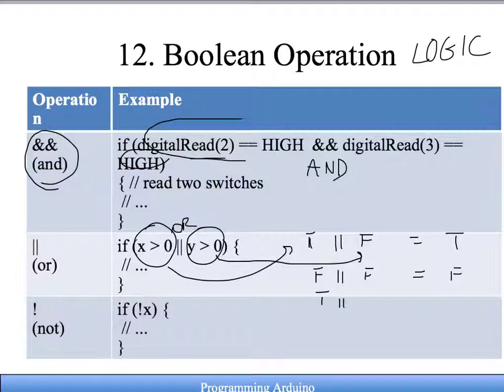If one is false and one is true, it will be true. So the OR is different from AND. If either one is true, it's going to be true. But with AND, both need to be true.